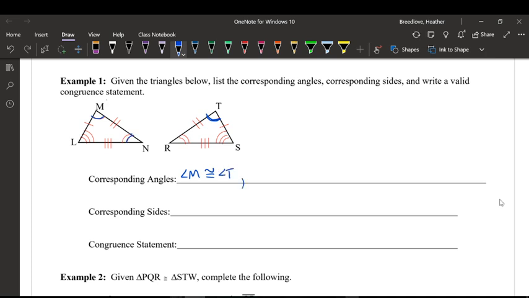Angle N has two lines, and angle R has two lines. So angle N is congruent to angle R. And then last, angle L has three lines, so it is congruent to angle S because it also has three lines.